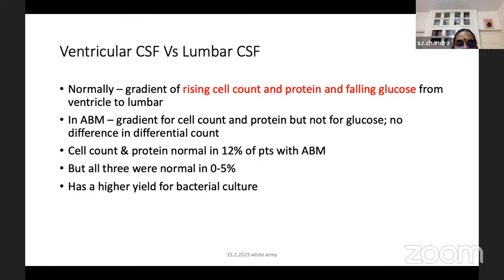So it can be completely normal also, and the patient can still suffer from bacterial infection. Ventricular CSF has a higher yield for culture than lumbar CSF, because meningitis is in the brain, and spinal meningitis is less common. So the ventricular sample has a higher yield for bacterial positivity than the lumbar sample.